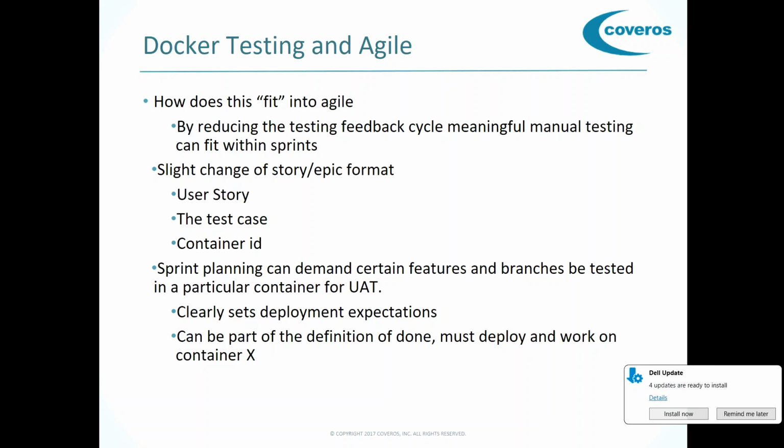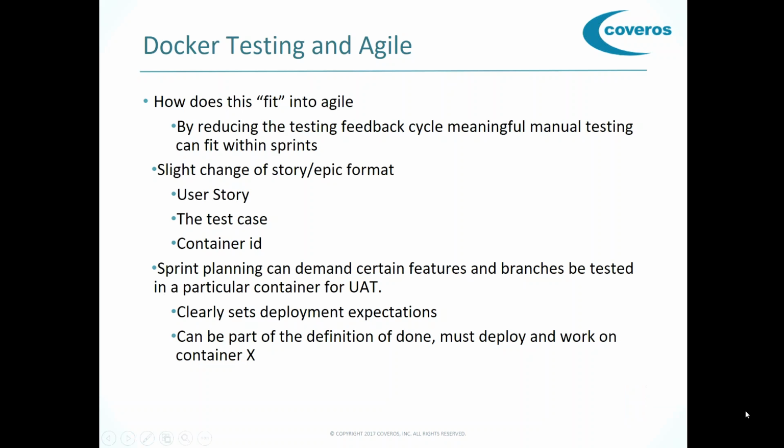Sprint planning can demand certain features and branches be tested in a particular container for UAT. So say the container is frozen at this point because you've done all your software upgrades, and that can be one of the requirements. And you can use that to clearly set deployment expectations. You can make that part of the definition of done: it must deploy and work on container X. This is good because then you can bring that container up front into the developer's laptop or development environment, and you can bring all of that stuff forward so that developers can see it right away.